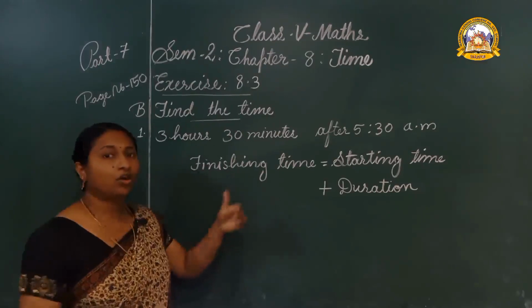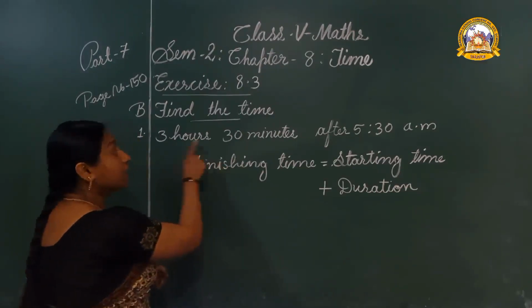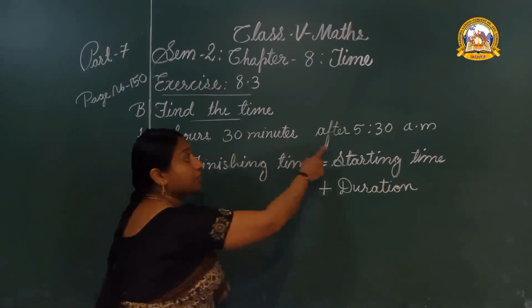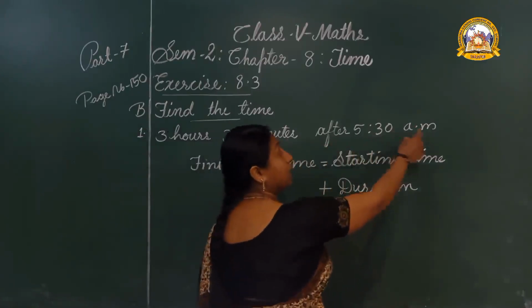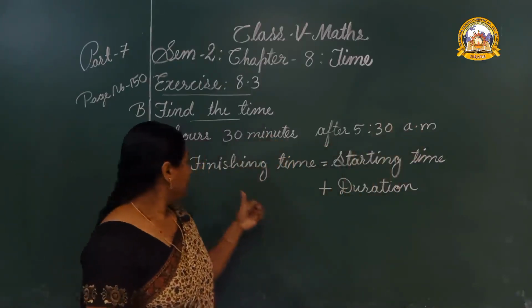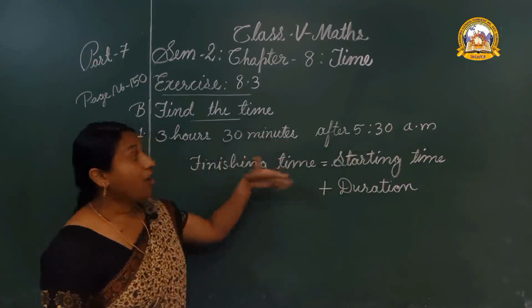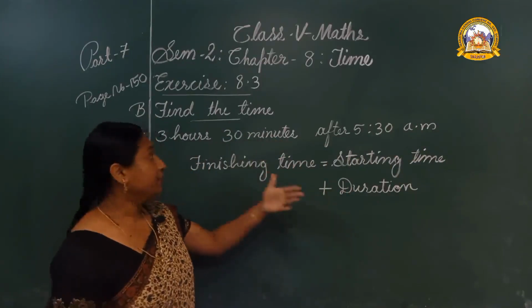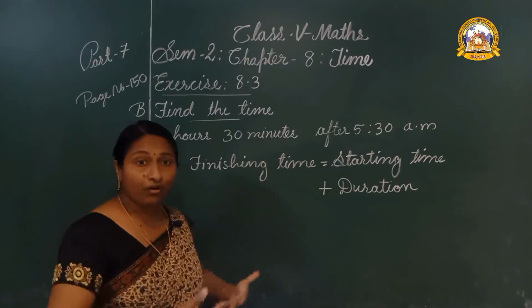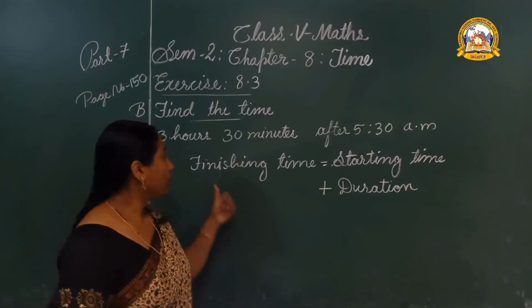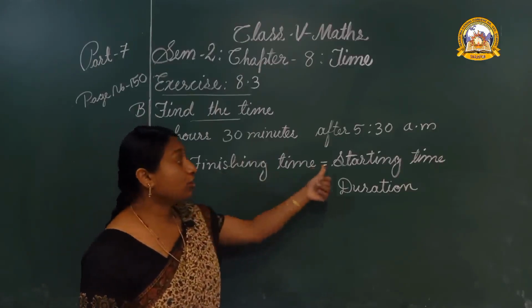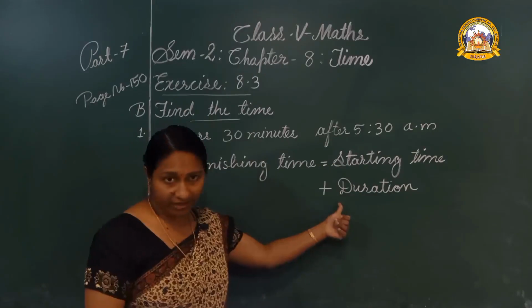Okay children, here our first work, 3 hours 30 minutes after 5:30 a.m. What should we do? Yes, we have to find the finishing time. Okay, you know finishing time is equal to starting time plus duration.